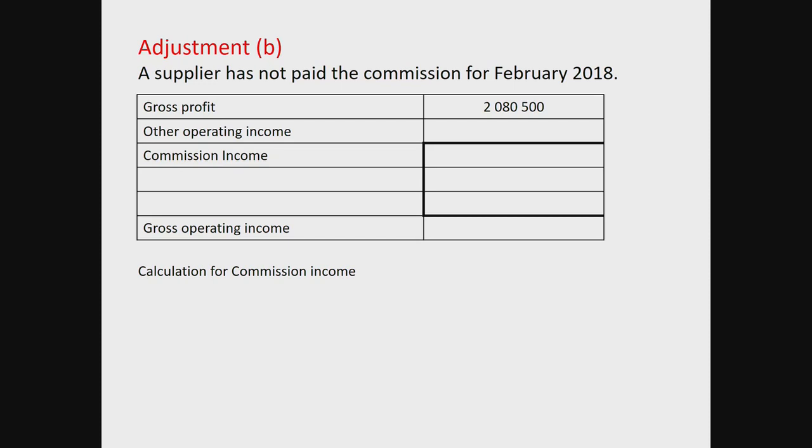Then it says that the supplier has not paid the commission for February, meaning that the supplier has already paid for the first 11 months.